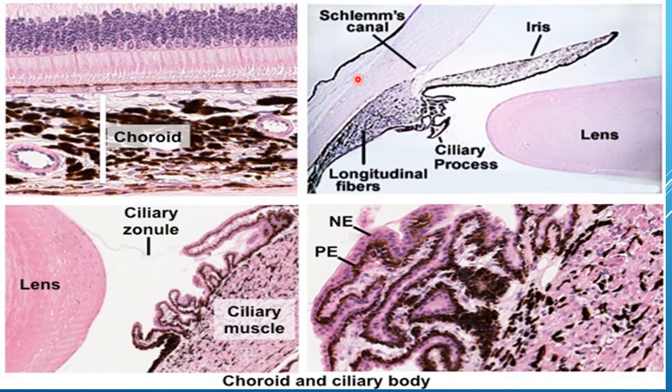Here you can see that this area is the cornea and the sclera, and from here the choroid expands, making that ciliary body approximately 6 millimeters thick or wide. And then there are the ciliary processes, that area showing you here.